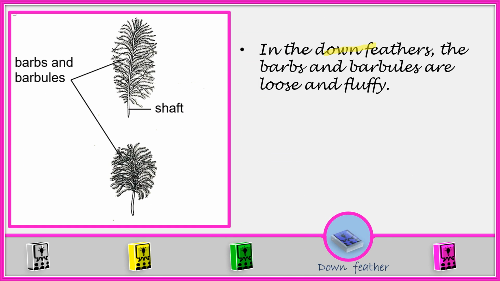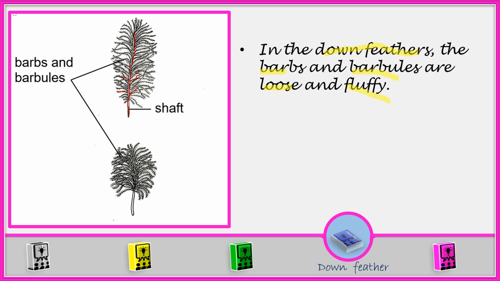In the down feathers, the barbs and the barbules are loose and fluffy. Fluffy means that they are not interwoven, or they are not attached to each other. Here we have our shaft. This is a shaft, and the shaft has filaments which we call the barbs.